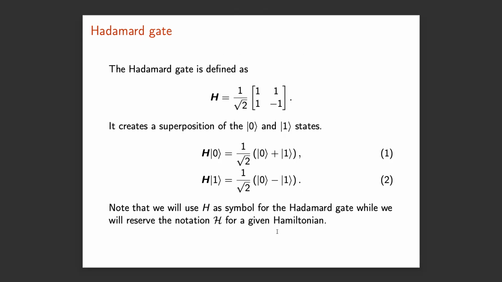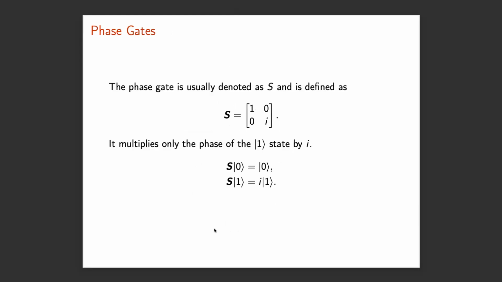Then we have, as a quick reminder again, the famous Hadamard gate, which is also a unitary gate. And in both the whiteboard notes and in the lectures here, I will try to make a distinction between the Hadamard gate, which I write as a plain H, and the Hamiltonian, which will be written like that. So for the symbols, hopefully this works well for everybody.